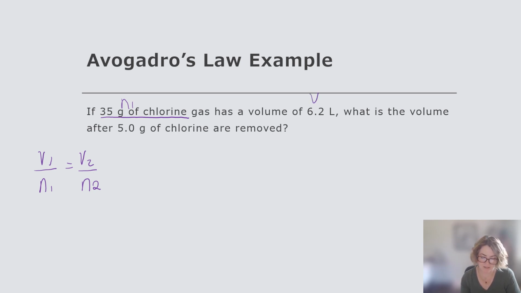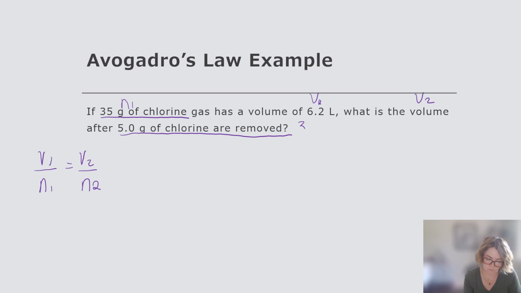I have my initial volume. I want to know my second volume after 5 grams of that chlorine is removed. I'm not saying here that 5 grams of chlorine are left in the container. I'm saying I took 5 grams out.